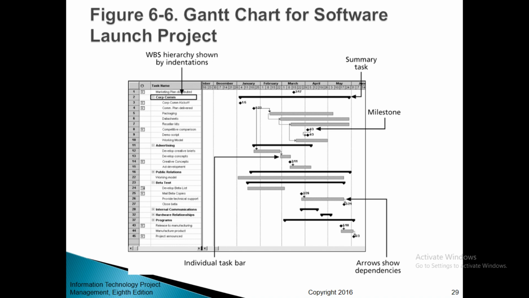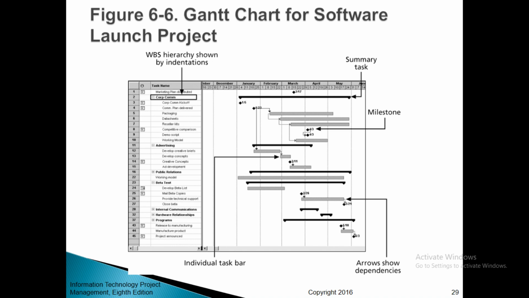WBS activities are referred to as tasks and subtasks in most project management software. The light blue horizontal bars for tasks 2, 3, 4, and 5 represent the duration of individual tasks. And the arrows connecting these symbols show relationships or dependencies between tasks.